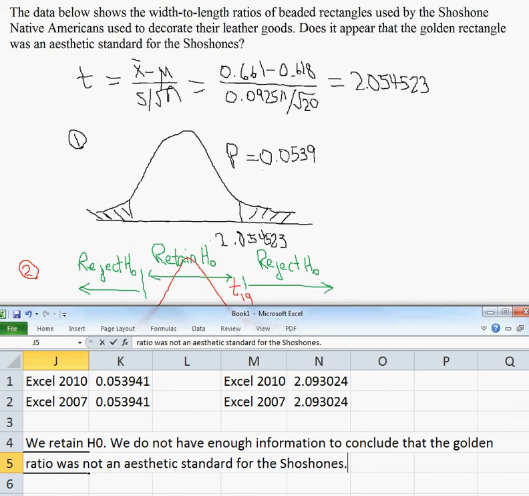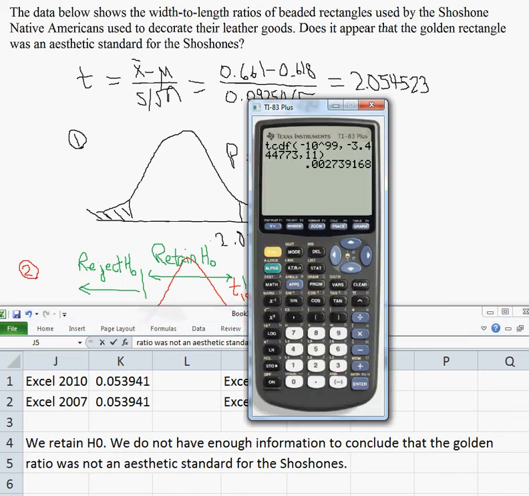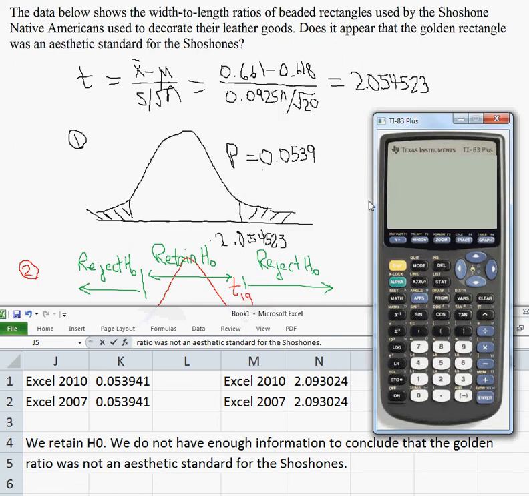Okay, before concluding, let me talk about the TI calculator. So suppose the problem is to figure out the area in both tails. Now to figure out the area in one tail, it's 2nd, DISTR, tcdf, and then negative 10 to the 99, comma, negative 2.054523, comma, 19.